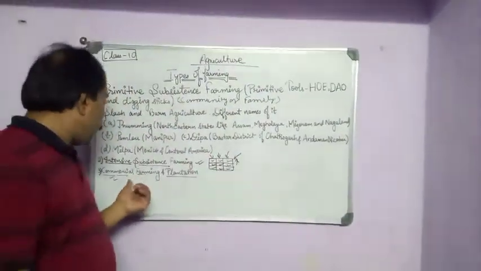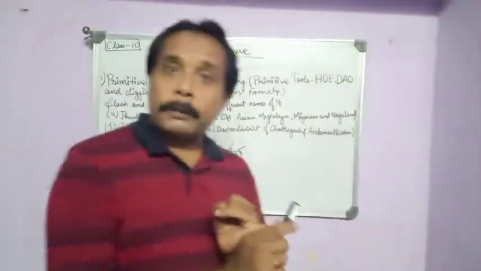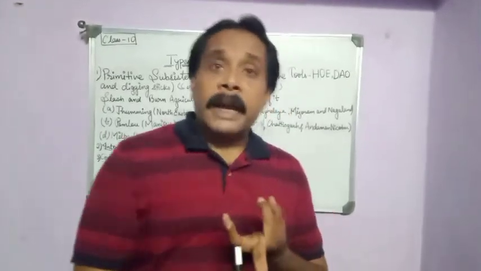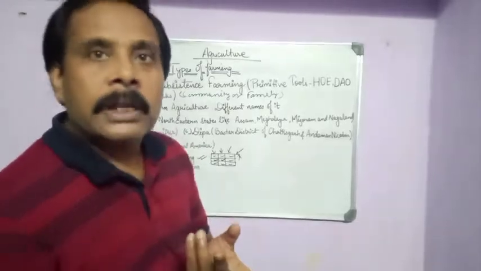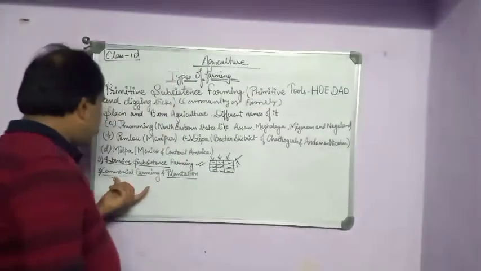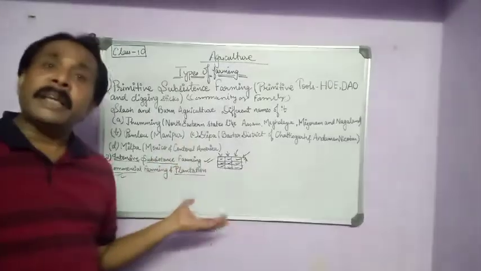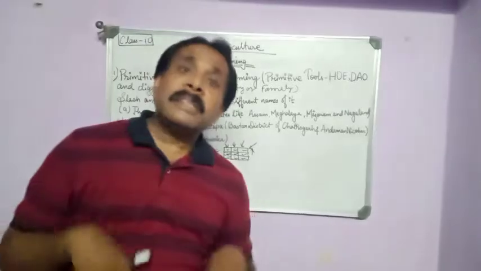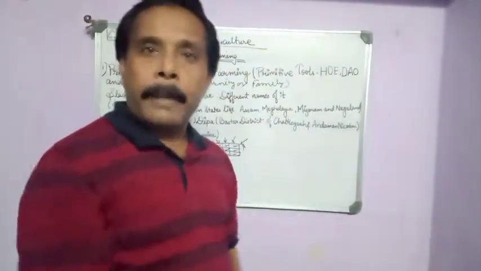So here the people use high yielding variety of seeds, fertilizers, pesticides, better sources of irrigation and so on. So due to that, here the production is very high. They do not produce only for survival, but they produce for sale in the market.